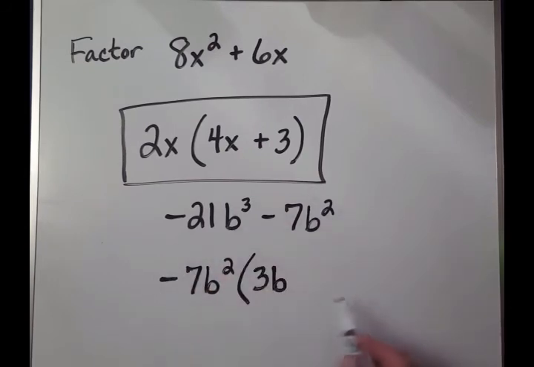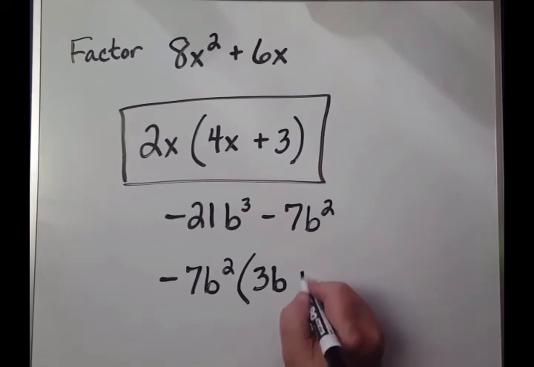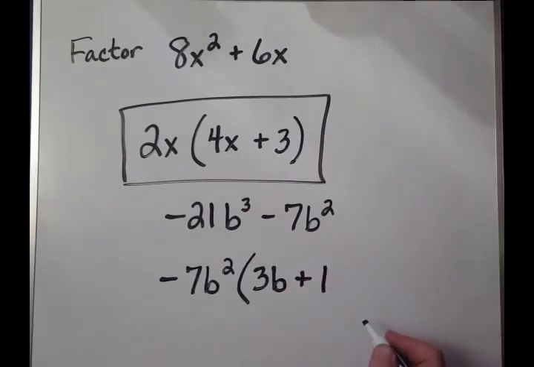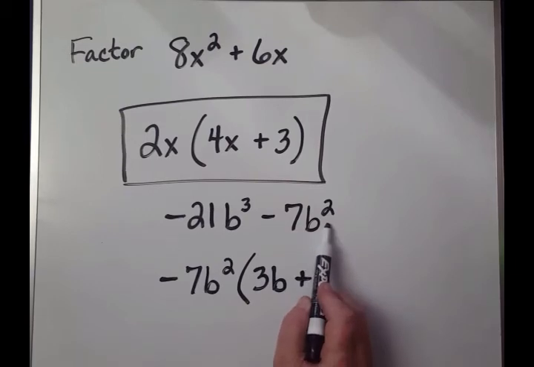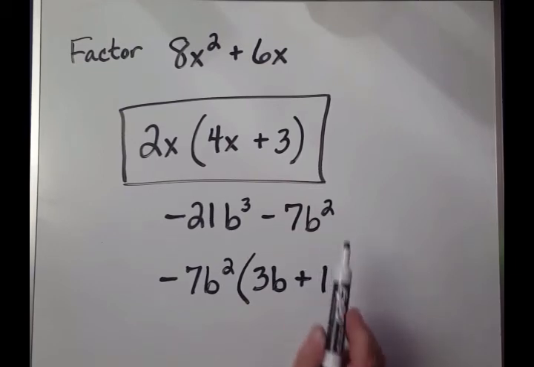When I say it leaves nothing, what are we talking about? Well, this is a multiplicative process. Factoring is multiplicative. So it is that multiplicative nothing. It's the 1. If you pull negative 7b squared out of negative 7b squared as a factor, what's left behind? That residual factor of 1.